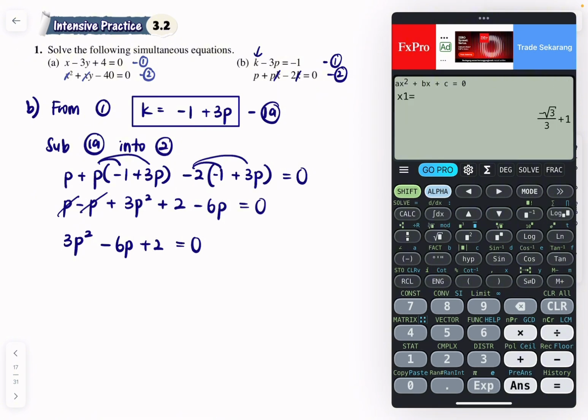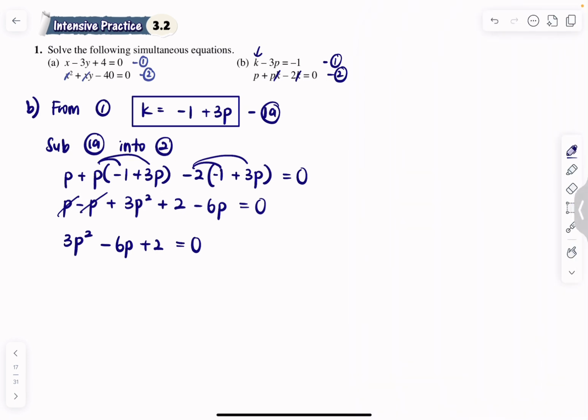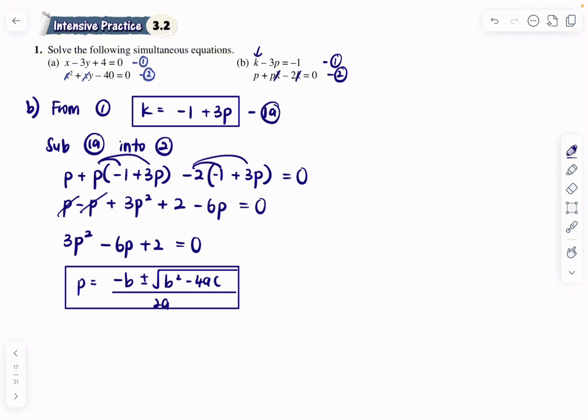Ooh, we're getting a decimal. Okay, when you're getting decimals like this, you must use the formula. So we can say p is negative b plus minus square root b square minus 4ac over 2a. You must use this formula.